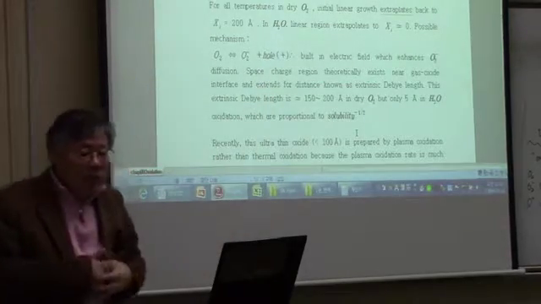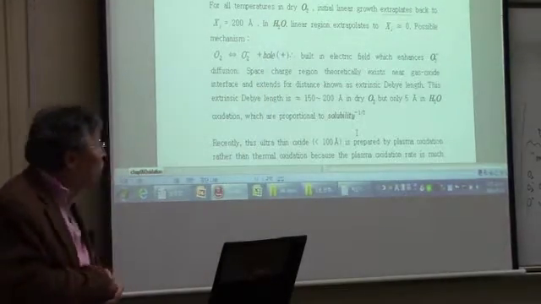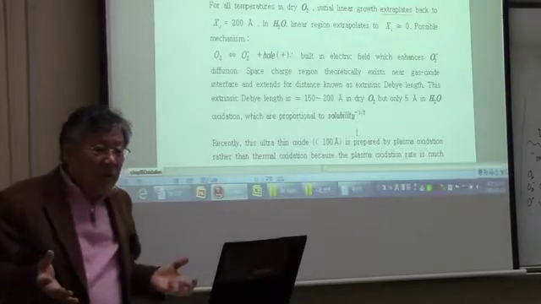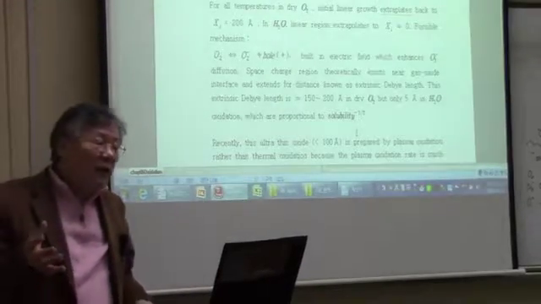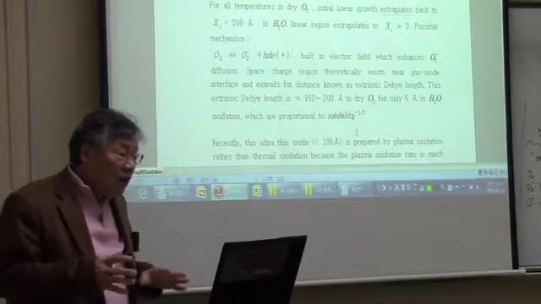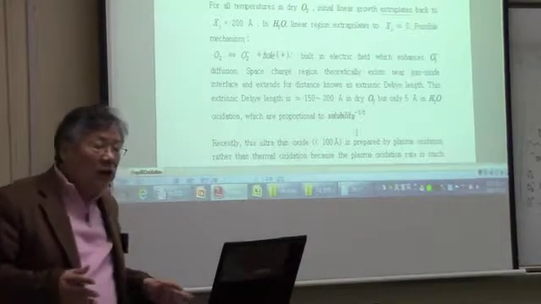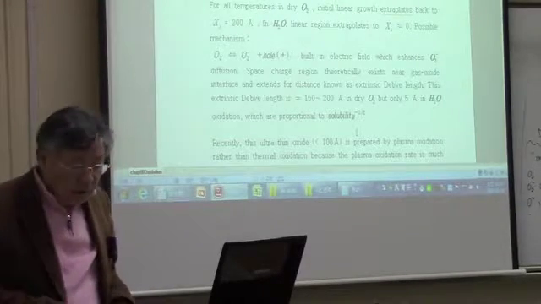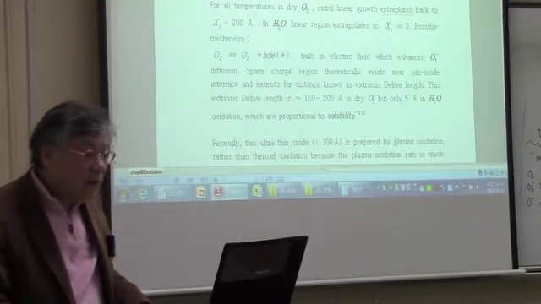And that is one of the speculations to explain why we have a fast, rapid oxidation rate in the dry oxidation at a very early stage of the oxidation than that of wet oxidation.